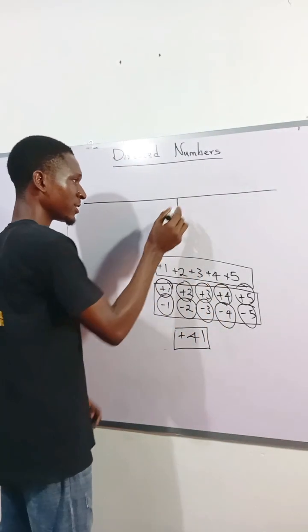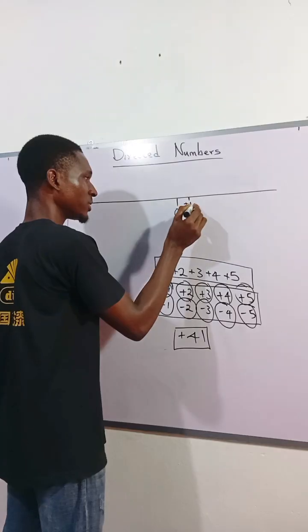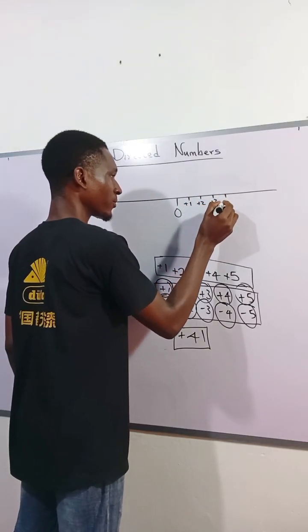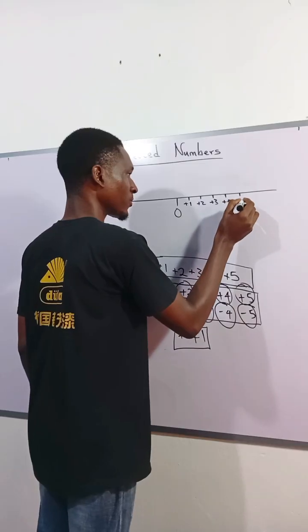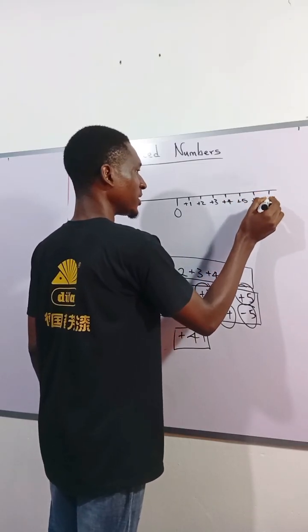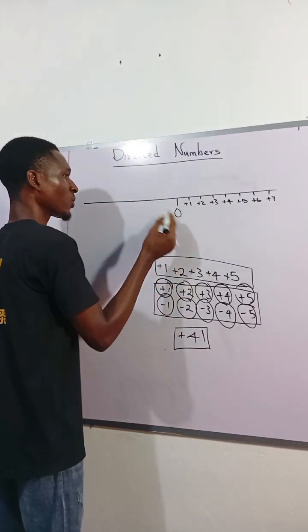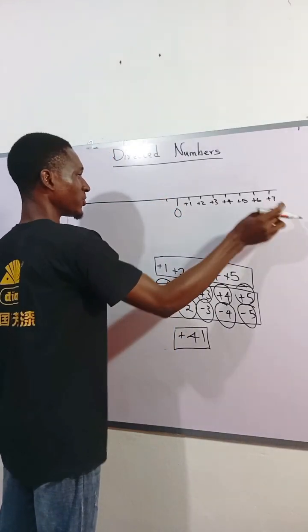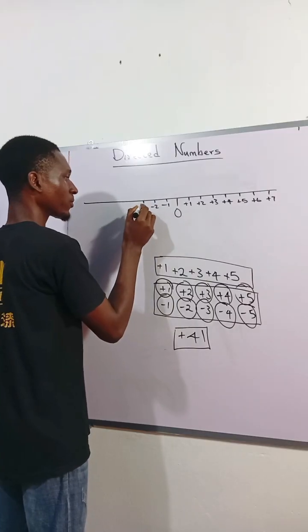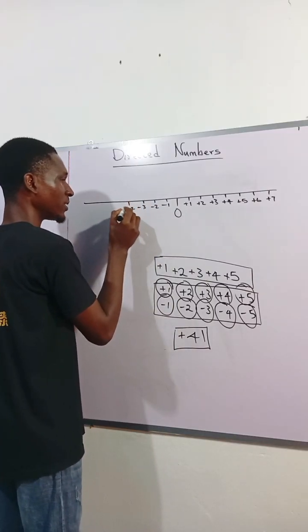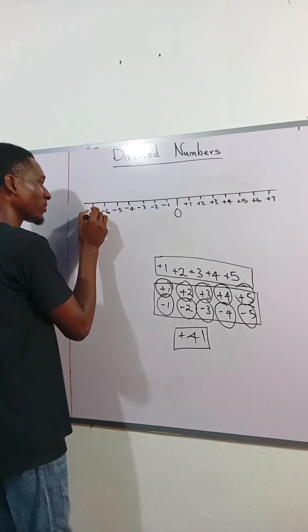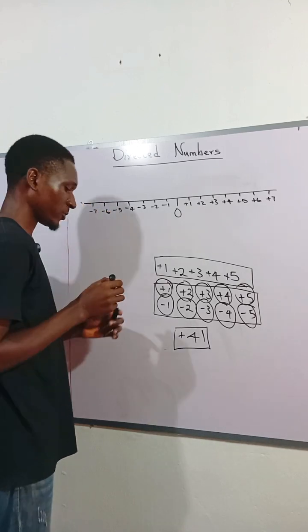So for the positive directed numbers, we have +1, +2, +3, +4, +5, +6, +7, continuously till infinity. While here we are going to have the negative version of all this, which is -1, -2, -3, -4, -5, -6, -7, continuously also.